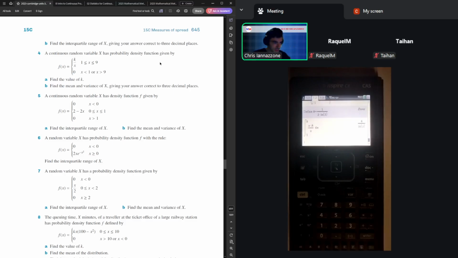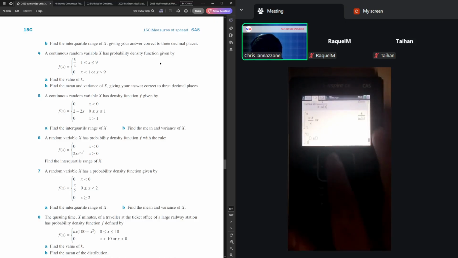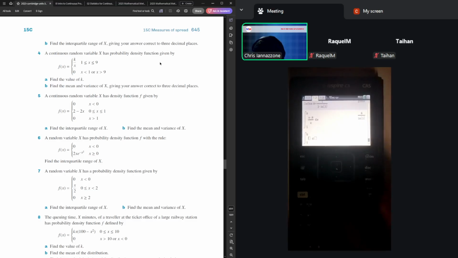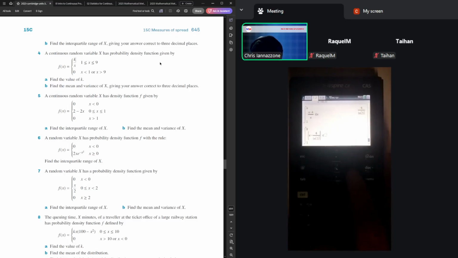For variance, it's a bit more long-winded. 1 to 9 of bracket x minus the mean, which we just found. So Control C, Control V, x minus the mean all squared, and that is now times f of x, which is k over x.